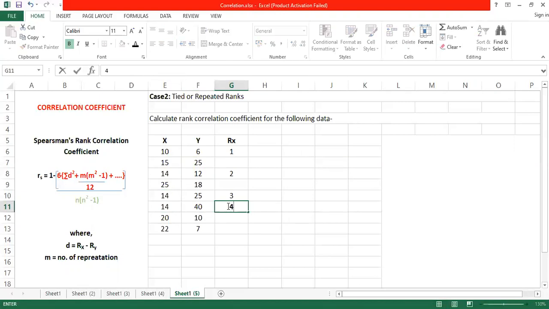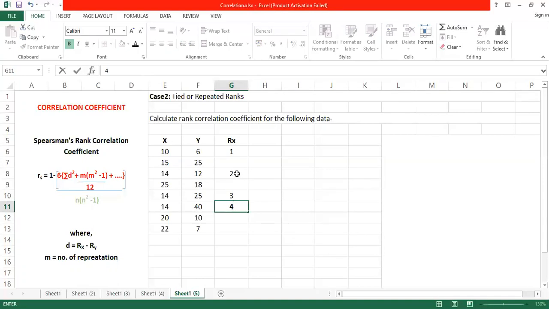Technically. But see, all the values are 14. Imagine a situation when there are 3 boys in the class and all the 3 boys have secured equal marks. Can you rank them differently? No. So what you need to do is first rank them differently, 2, 3, 4. But take the average of these ranks now.